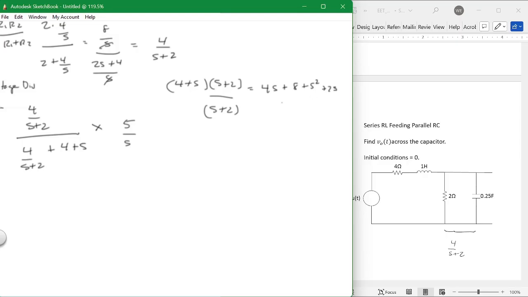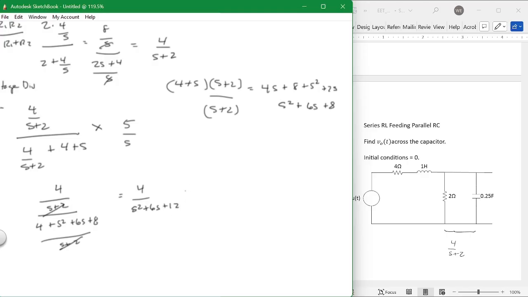So you combine this and you get S squared plus 6S plus 8. So now you can go down here and you can write 4 over S plus 2 over 4 plus S squared plus 6S plus 8 over S plus 2. Denominators go. Now I've got 4 over, what do I have? I have S squared plus 6S plus 12.